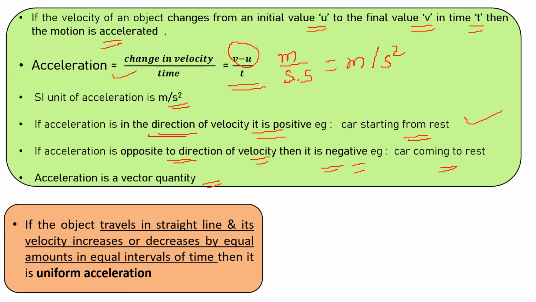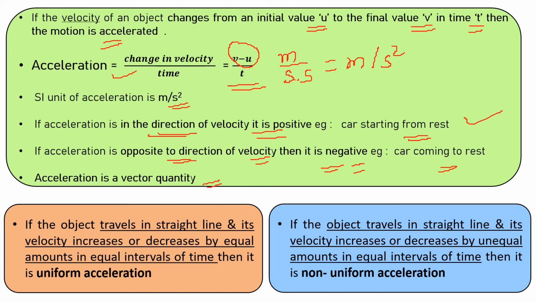So velocity is increasing or it is decreasing, but it is increasing or decreasing in equal amounts, whatever amounts, say 25 kilometers per hour. It is increasing every hour by the same value, same magnitude, or decreasing by same magnitude, then it is uniform acceleration. Otherwise it is non-uniform acceleration.